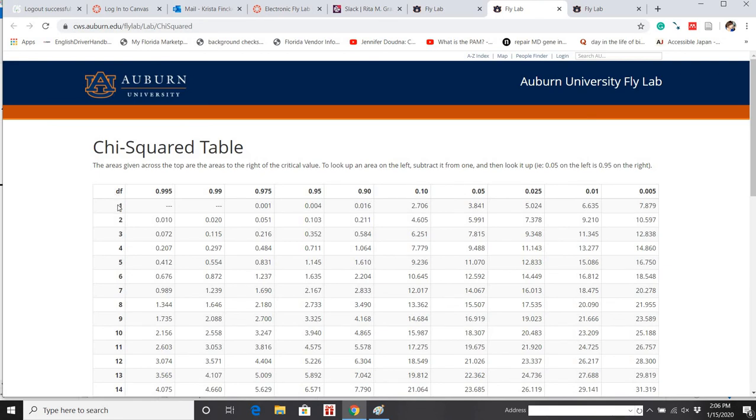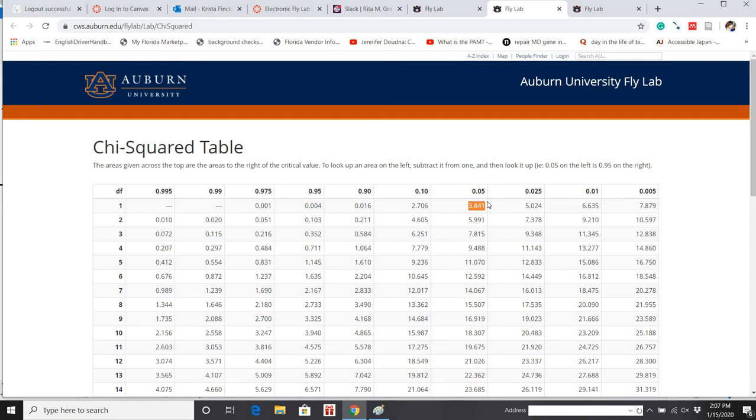So here we go. We're going to match up the 1 and the 0.05. And when we do, we get 3.841.